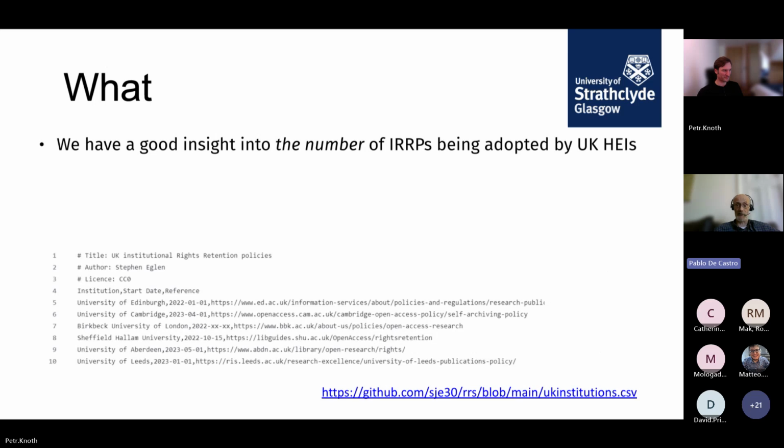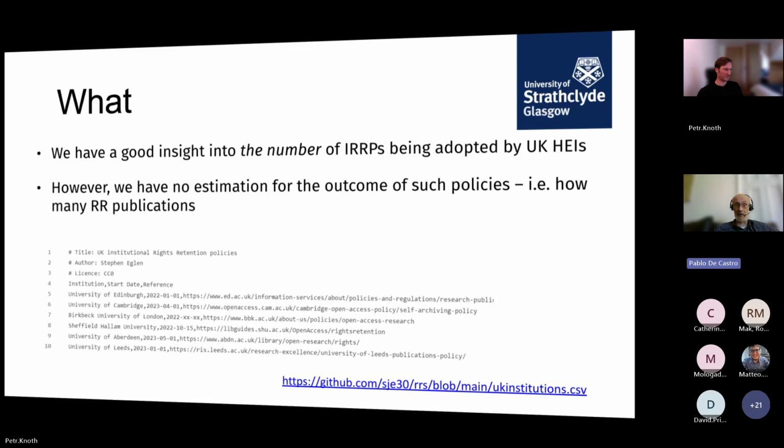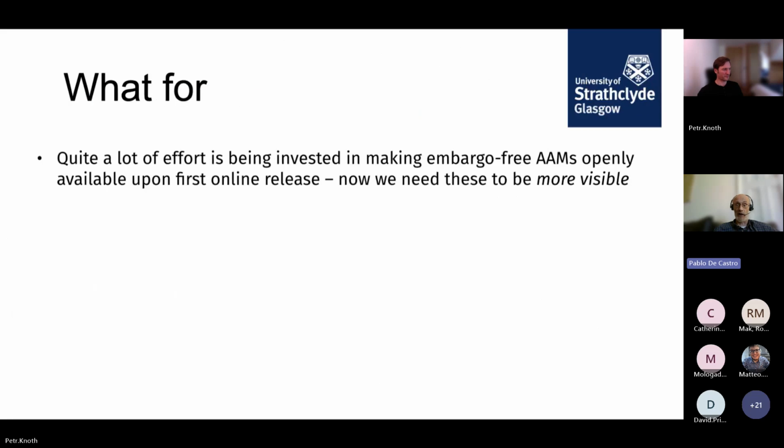However, next please, Peter, we have no estimation of the outcome of such policies. That is, how many rights retention publications we have already in our systems. This is mostly because we haven't got a clear mechanism to identify those publications. I'll come back to that in a second.